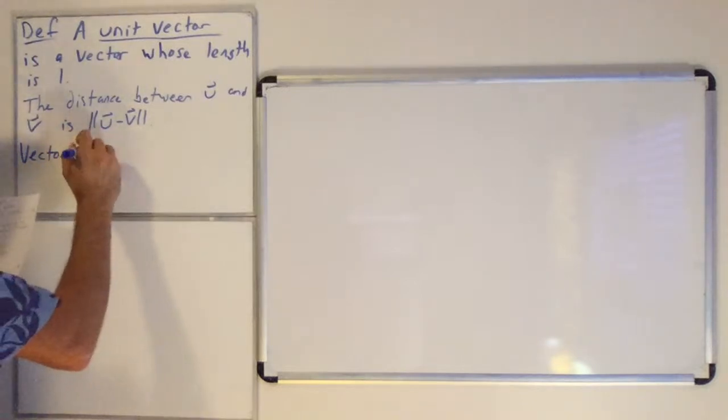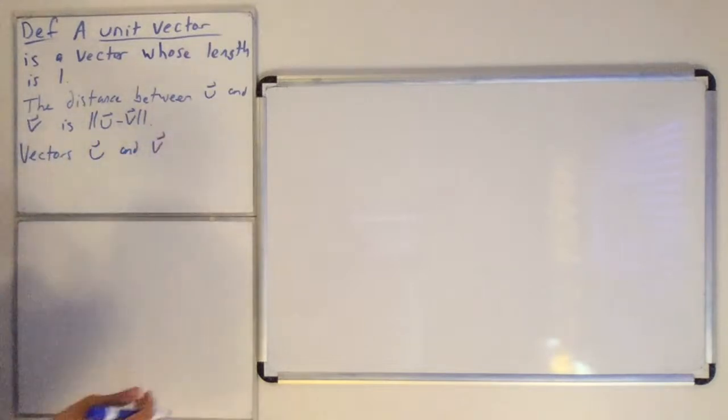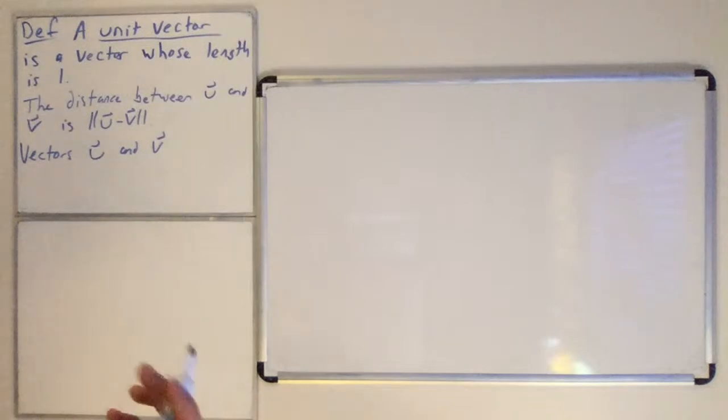Vectors u and v are orthogonal. Okay, how do we think we test to see if two vectors are orthogonal? Let me know in the chat.